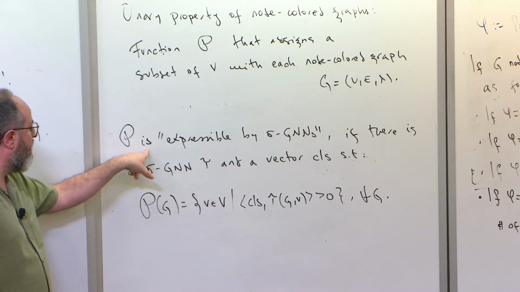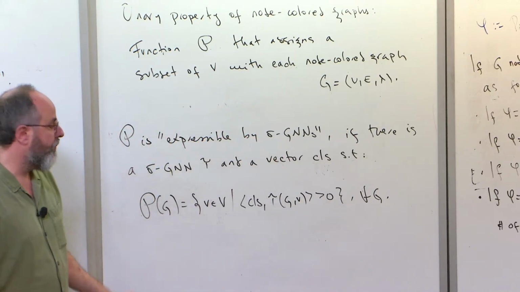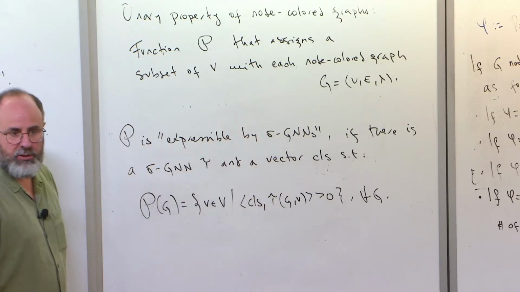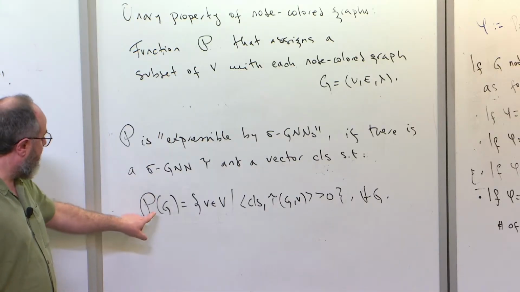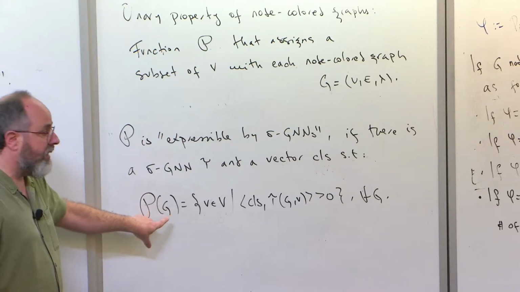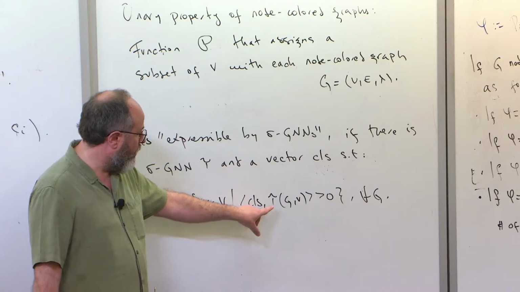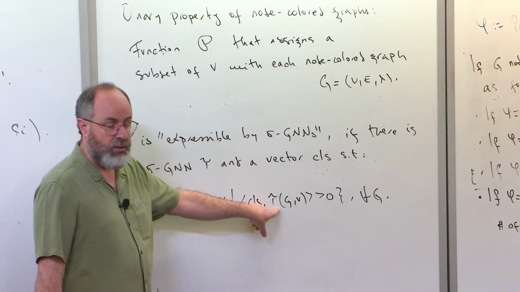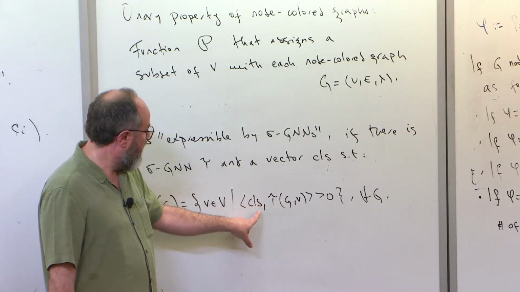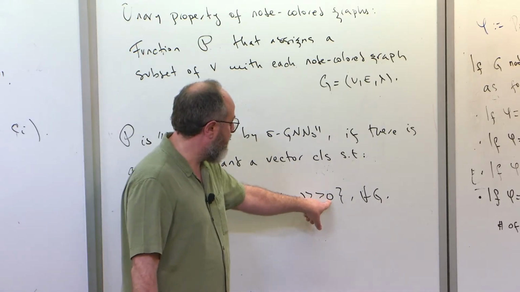So we say that the unary property P is expressible by sigma GNNs if there exists a sigma GNN tau and a classification vector CLS, such that the nodes in G that satisfy the unary property P are precisely the nodes such that when I look at the output of the GNN tau over V, and I take the inner product with this classification vector, this gives me a positive value.